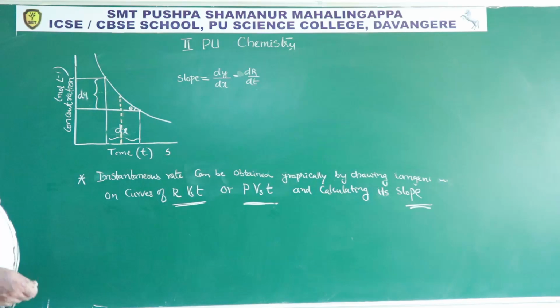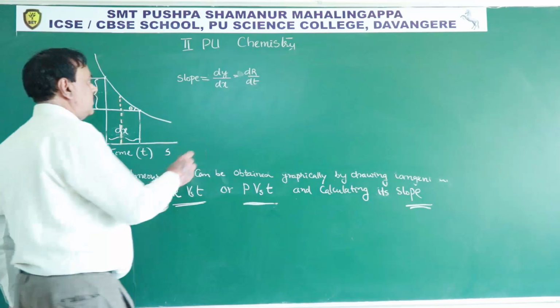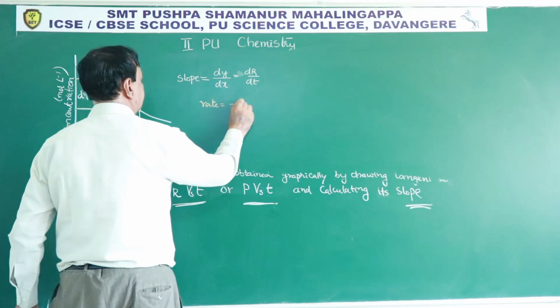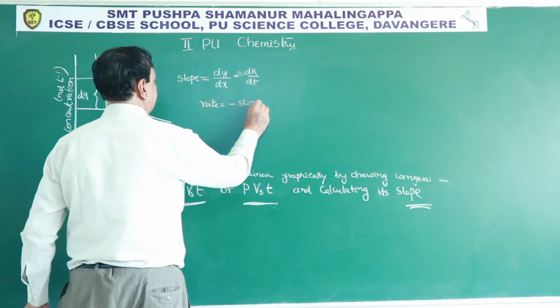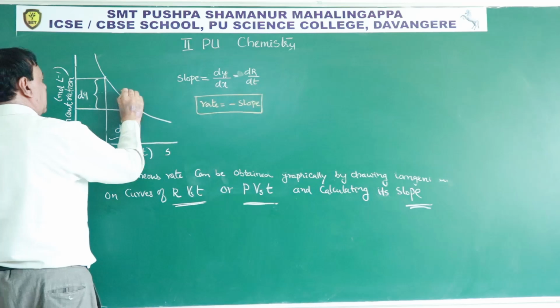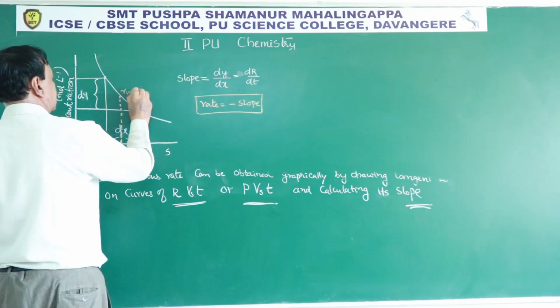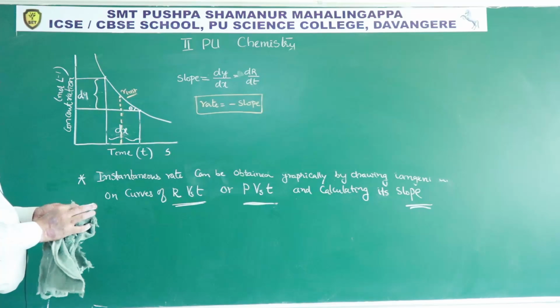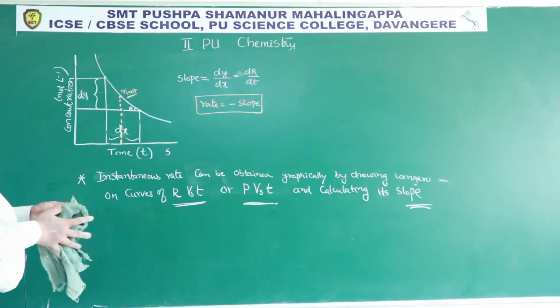Rate is equal to minus the slope. Now remember, rate here is equal to minus the slope. This is R instantaneous.